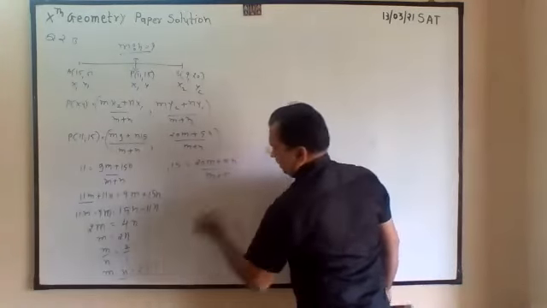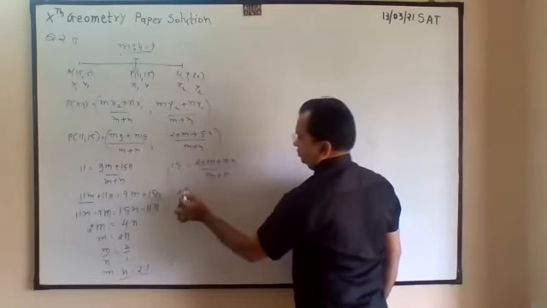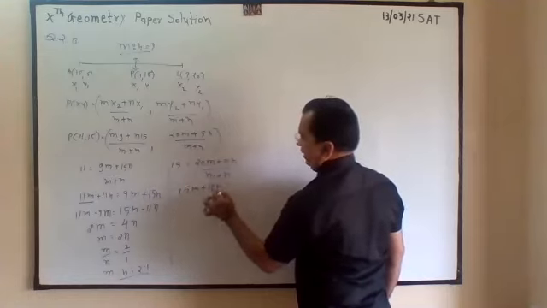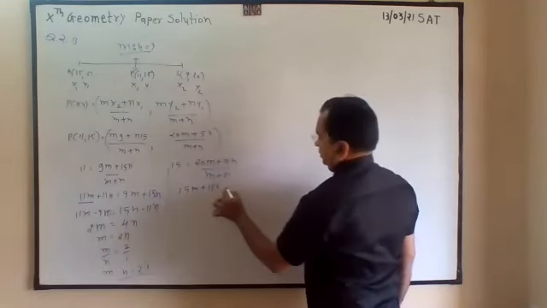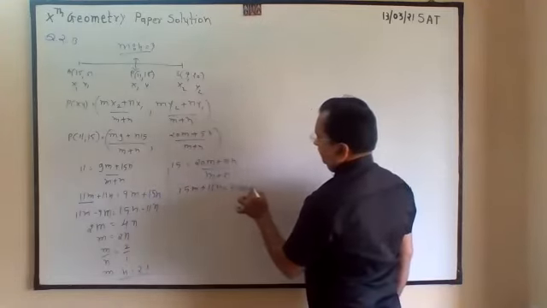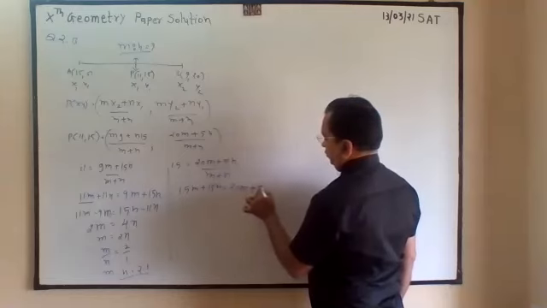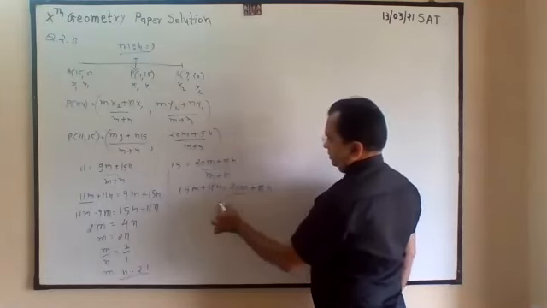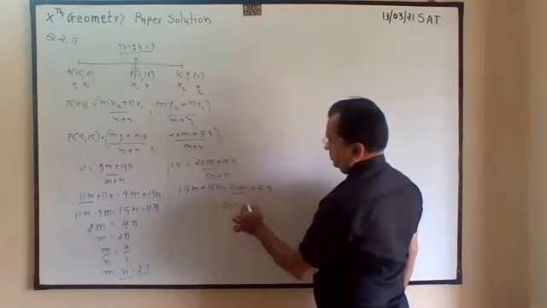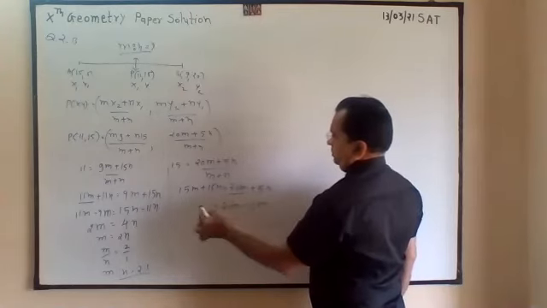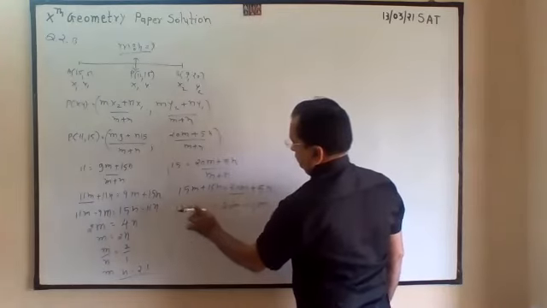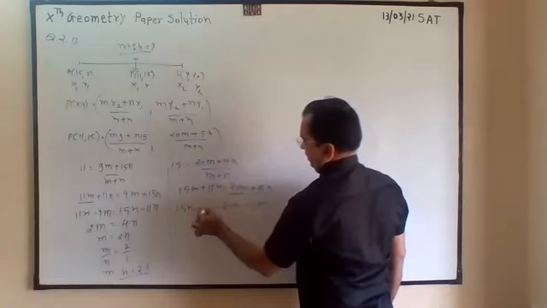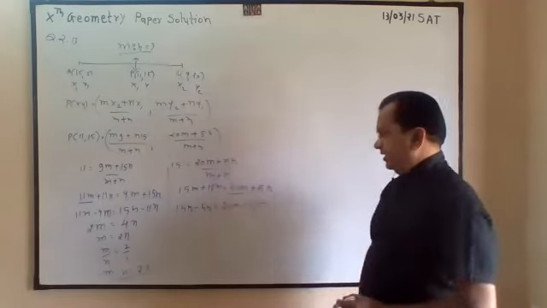Cross product again, any one you have to show. I am showing both. 15m plus 15n is equal to 20m plus 5n. 15n minus 5n, correct.